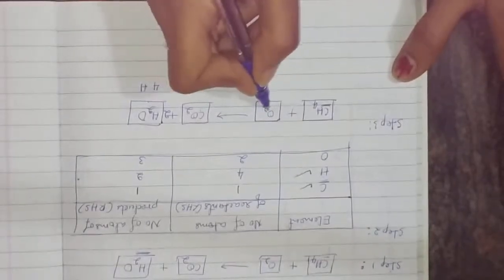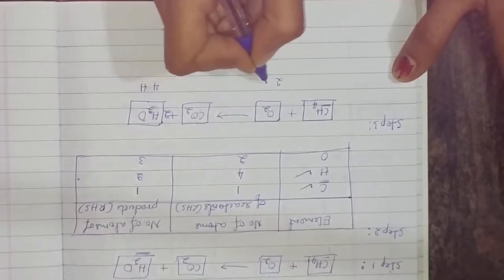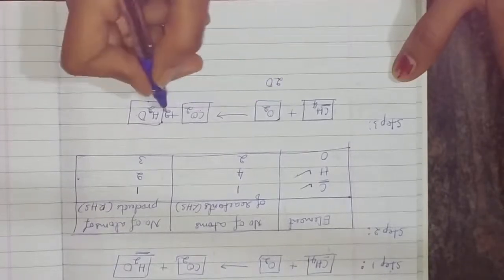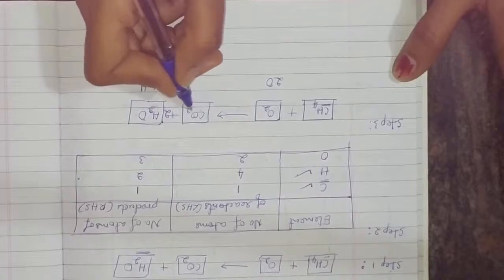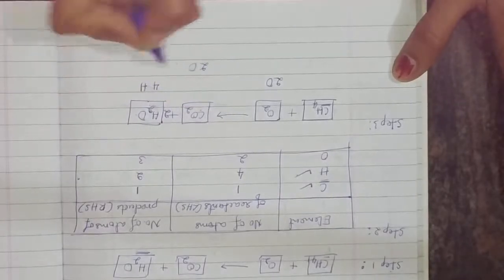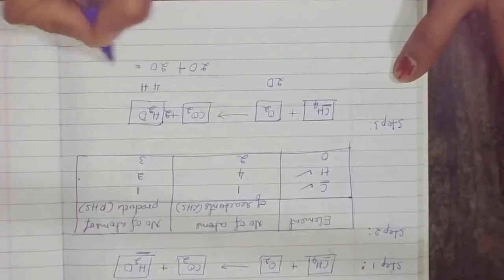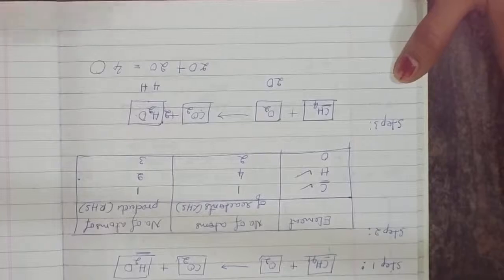Now we will balance oxygen atoms. In reactant side, 2 oxygen atoms are there. But in product side, see here 2 oxygen, here 2 oxygen, 2 plus 2, how many? 4 oxygen atoms are there.